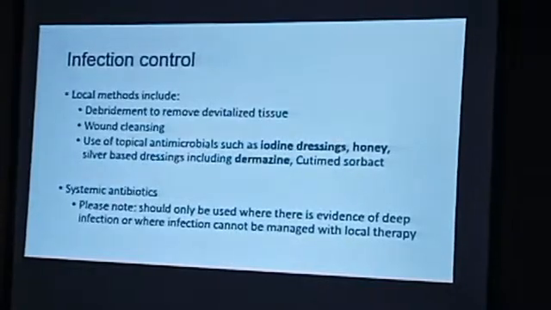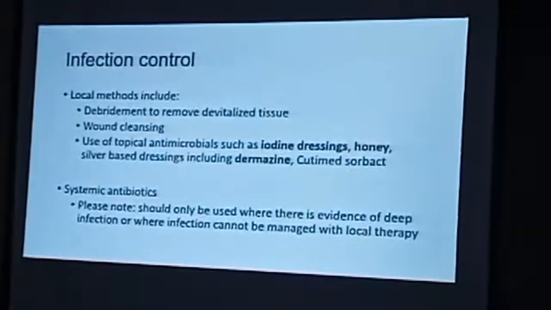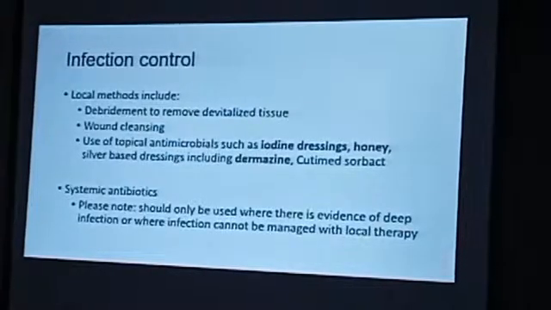So that means there are deeper infections, then you need to use systemic antibiotics. Or you have tried to treat locally, it is not working. Well, maybe you can introduce systemic antibiotics as well. But that local way is the best way, an ideal way of treating a chronic infection.